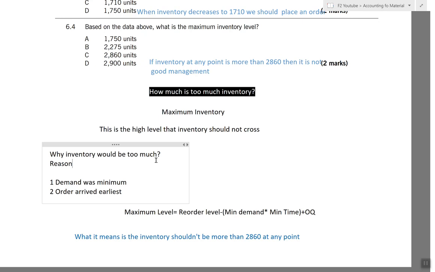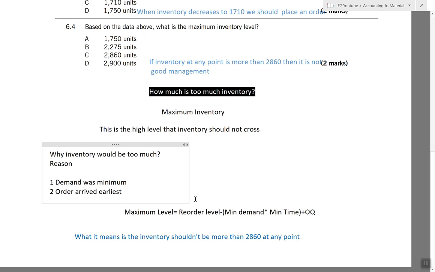The second reason is the order came very early. We placed the order and it came in the earliest time. So both: quantity was sold less and the order arrived early, because of which we have this quantity.